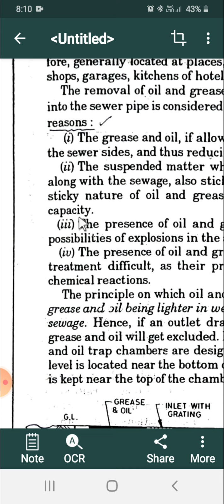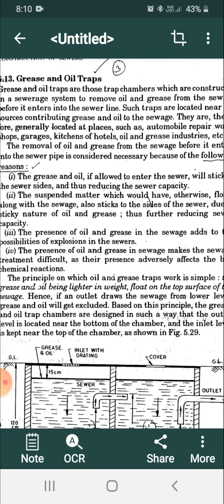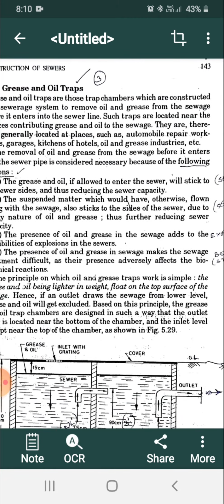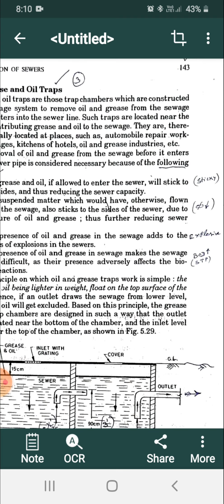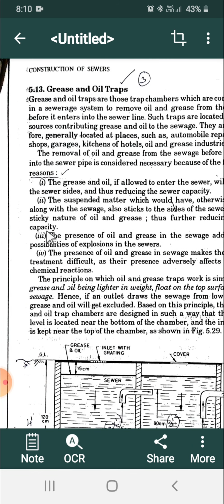Please go through this neatly. I can explain very briefly, but all the notes will be given to you, as this is a theory. And one more thing is, the presence of oil and grease in the sewage adds to the possibilities of explosion in the sewers.